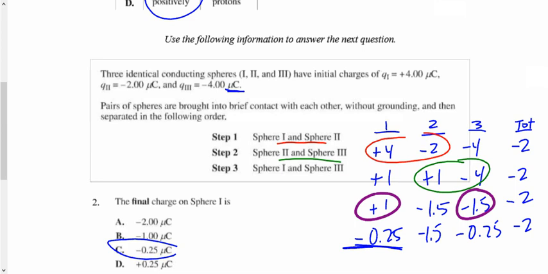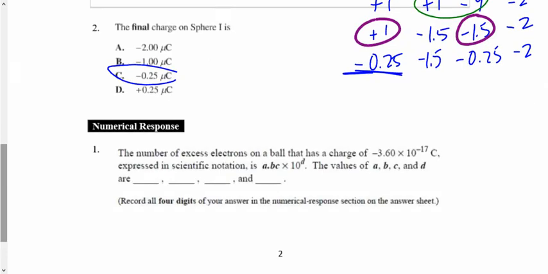Okay, how many people got that? Good. And finally, question number 3. The number of excess electrons on a ball that has a charge of minus 3.6 times 10 to the minus 17 is what? You guys remember how to find the number of the electrons? Sean, what is it?